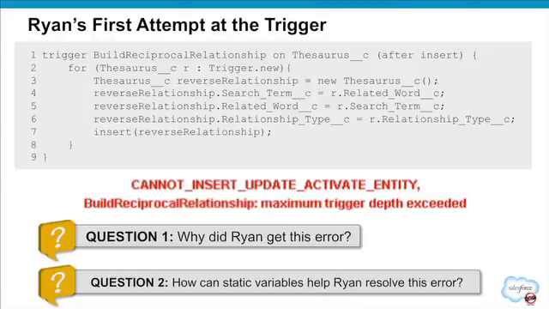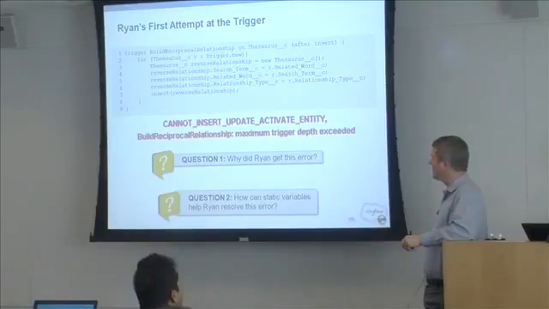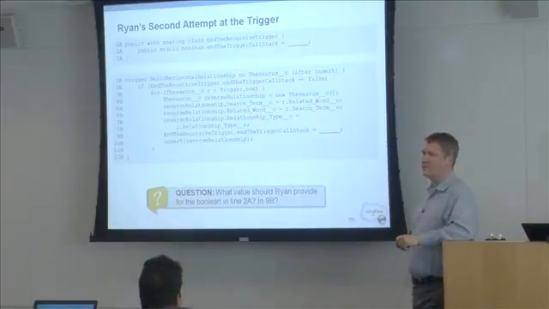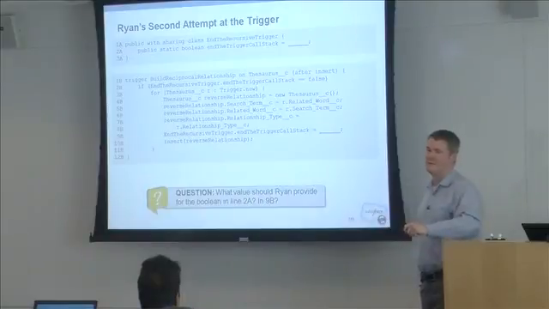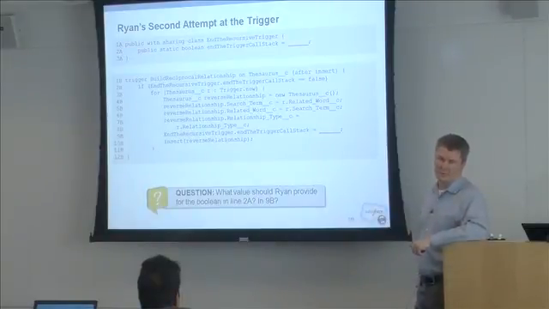So we have a design pattern we're going to talk about, using static variables to prevent this recursive trigger from going crazy and trying to keep adding synonyms to itself. Let's take a look at some code that prevents our recursive trigger, so we're not creating a synonym to the synonym.